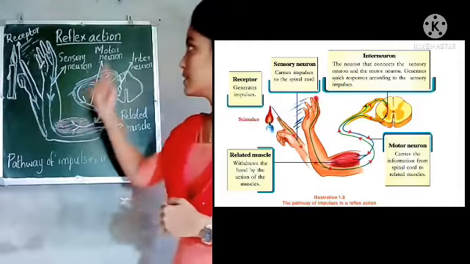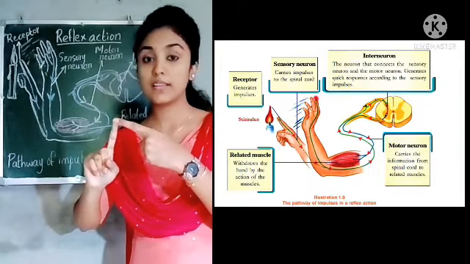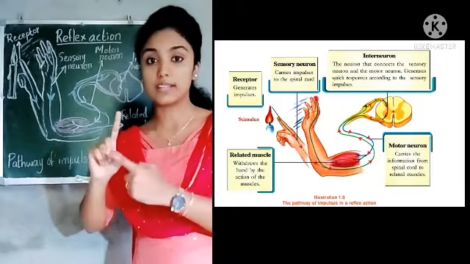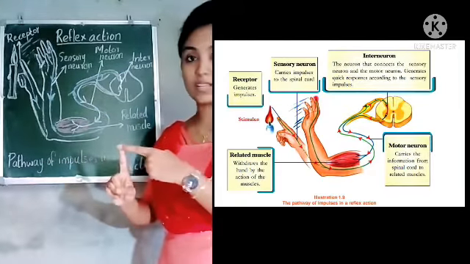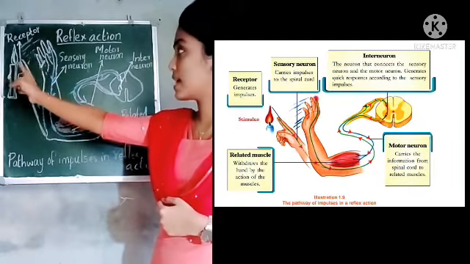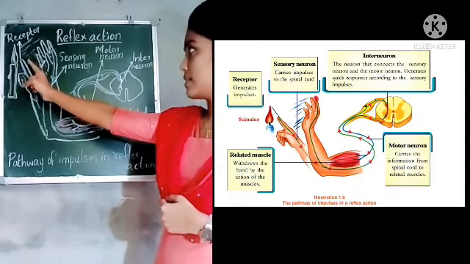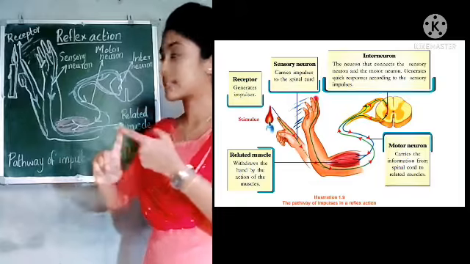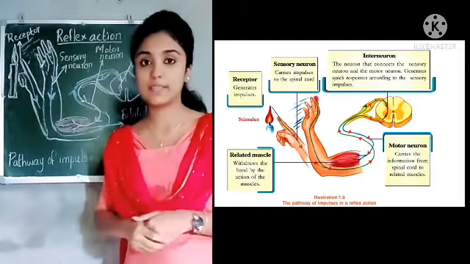So here, the receptors in our fingertip, that means receptors present in our skin. Skin is a sense organ. So the receptors of our skin receive the stimulus. Here the stimulus is the candle flame or heat. The receptors receive the stimulus and generate an impulse.